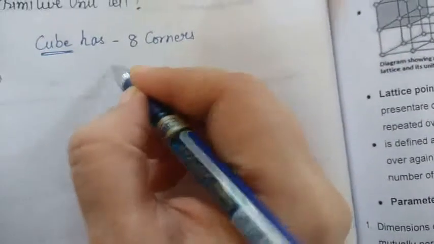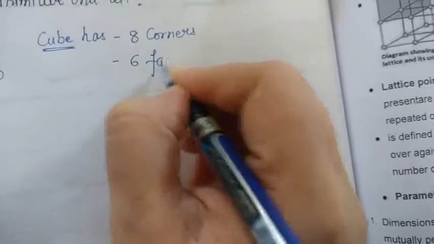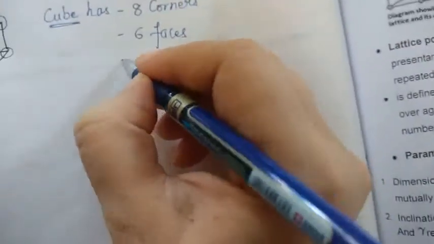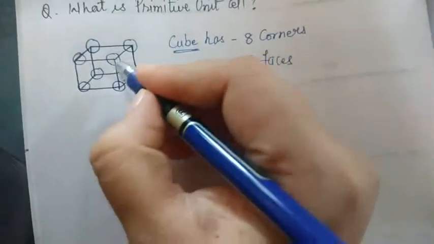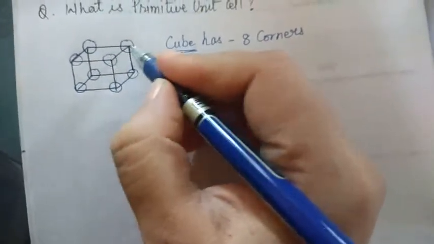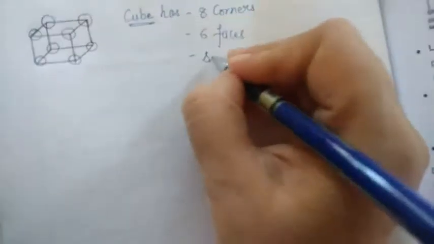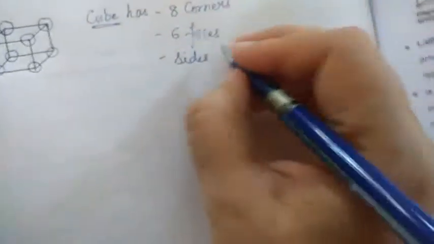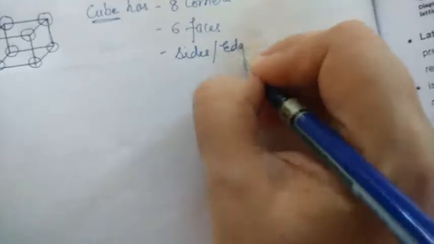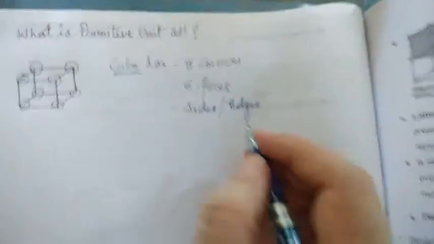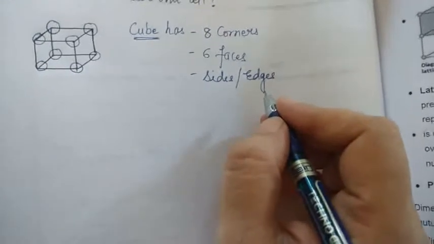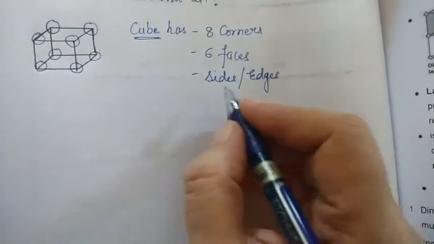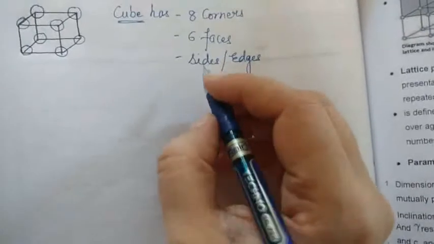So it has 8 corners, 6 faces, and then these are the sides. One side, second side, third side. Sides are also called edges here, right? We may use the term sides or sometimes edges. In the book also sometimes the word edges is written, sometimes sides.